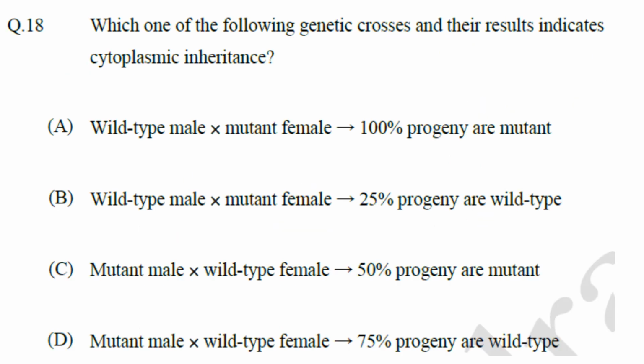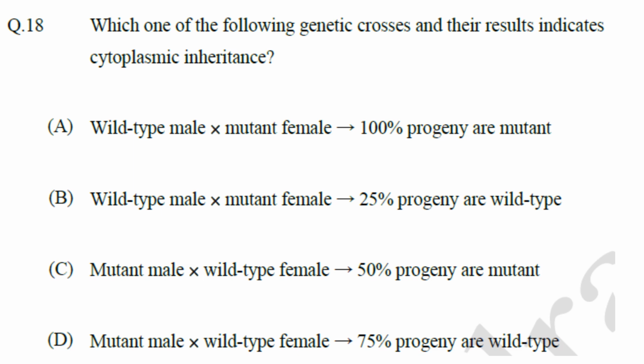Then, which one of the following genetic crosses and their results indicate cytoplasmic inheritance? So, in cytoplasmic inheritance, the traits encoded in the mitochondrial DNA or chloroplast DNA are transmitted. And the transmission is solely through the female. There is no paternal contribution in cytoplasmic inheritance. And all the offspring inherit the mutated trait from the mother. There is no segregation of traits also.